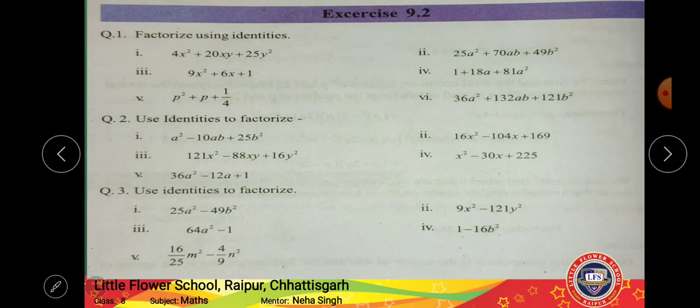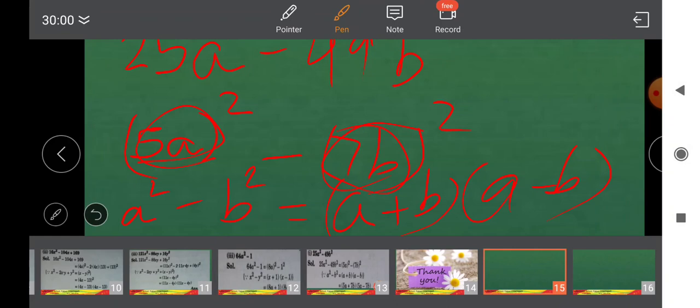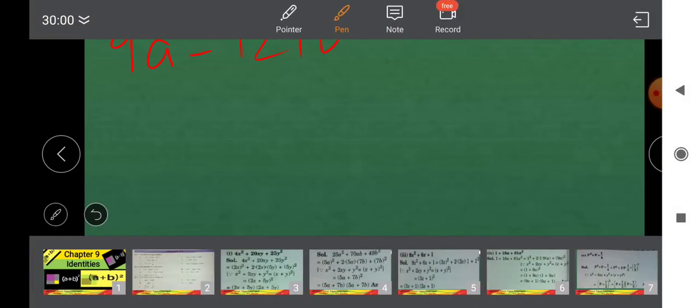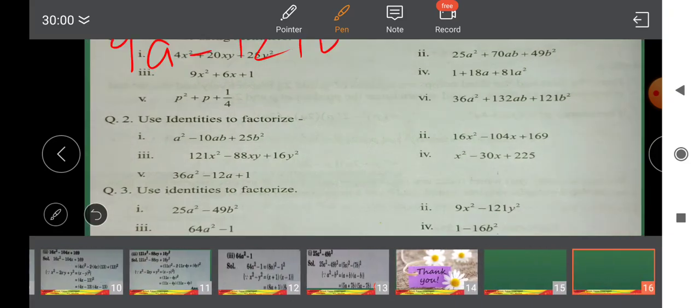Rest, see here, 9x square minus 121y square. The question is 9a square minus 121b square, right? Is it? It is y square. This is x square and this is y square.